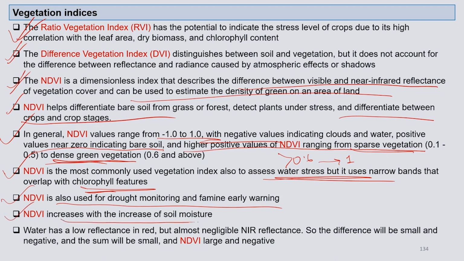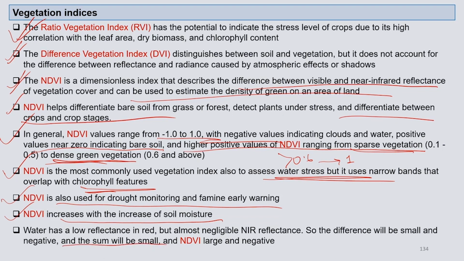NDVI increases with the increase of soil moisture because water has a low reflectance in red but almost negligible NIR reflectance. So, the difference will be small and largely negative. So, the sum also will be small, right?